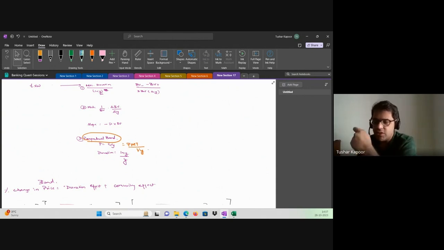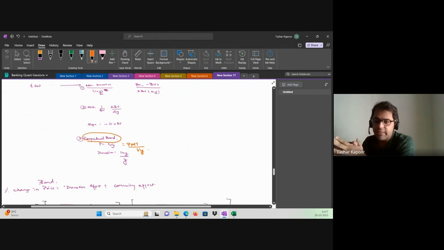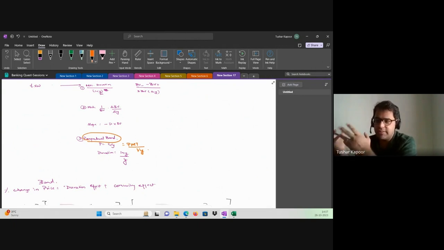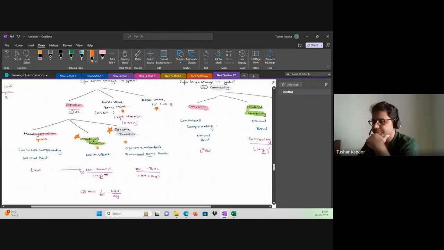The method there is (1 plus Y) by Y, which is 1 plus yield by the yield. This is a very special case of duration for a perpetual bond, but I don't think you will be tested much on that. So this is just for your own understanding that for a perpetual bond, there is a different technique. I don't think it has been tested extensively in the exam ever, but you need to remember that.